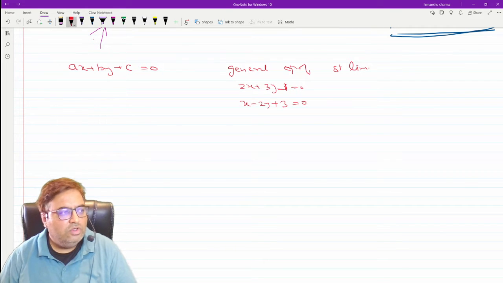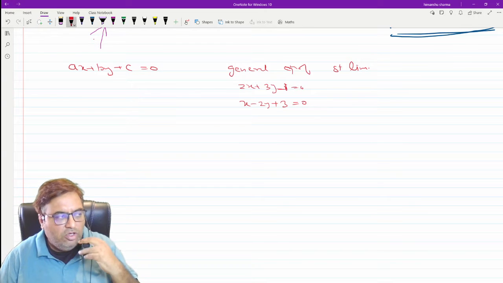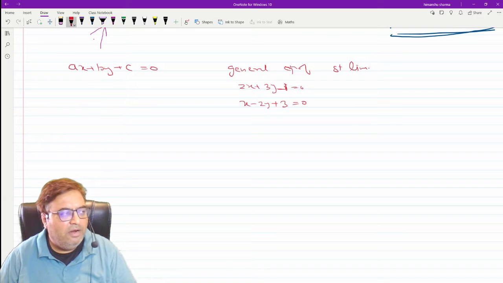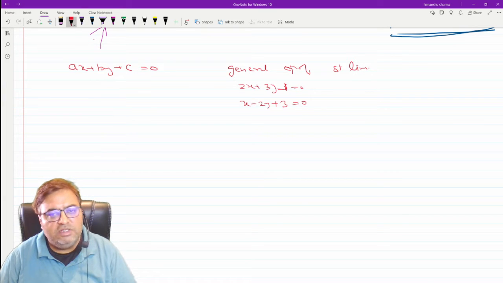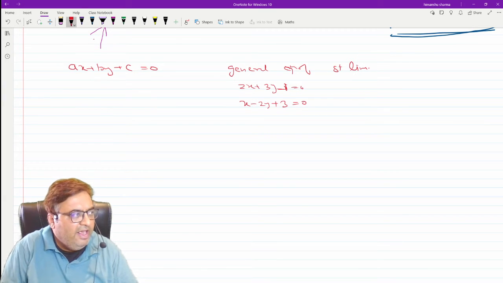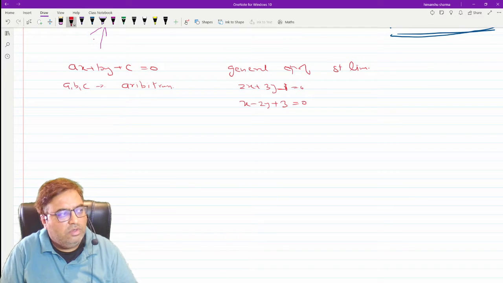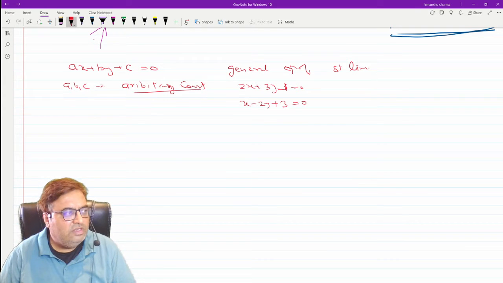Okay, so for that sake, now you can see the general equation of straight line is ax plus by plus c equals 0, and for every line the values of a, b, c are changing. So here a, b, c are called arbitrary constants. Now if you look at these arbitrary constants, how many can we see?